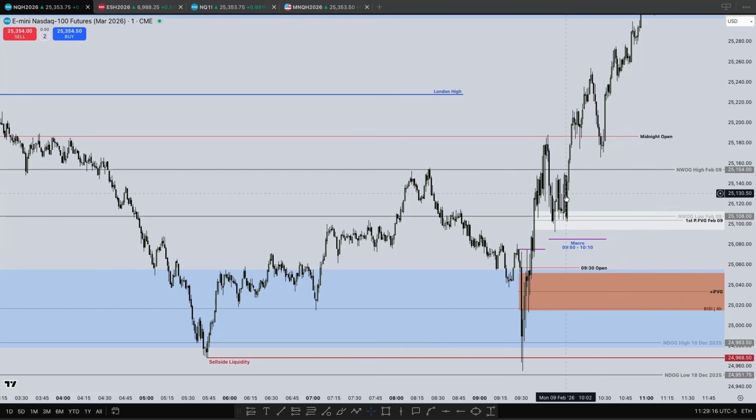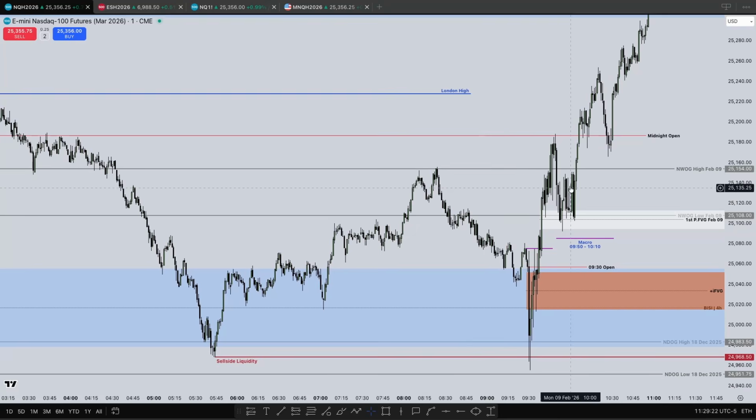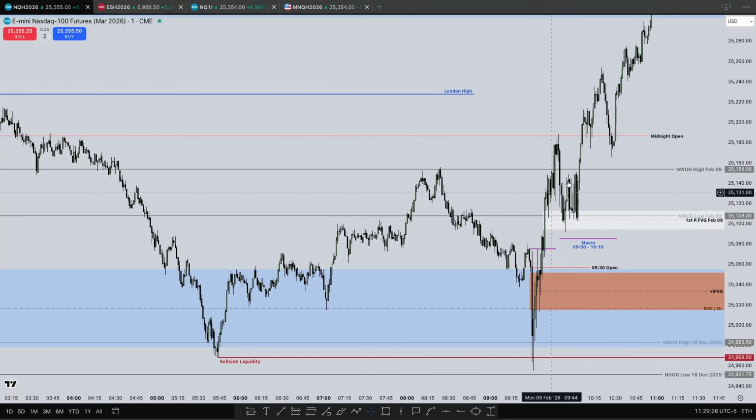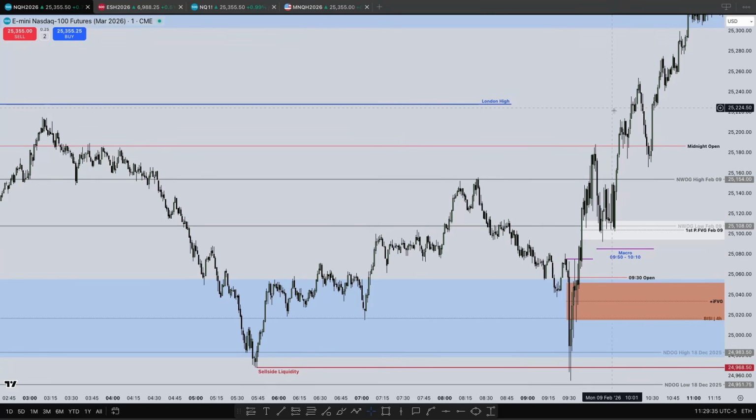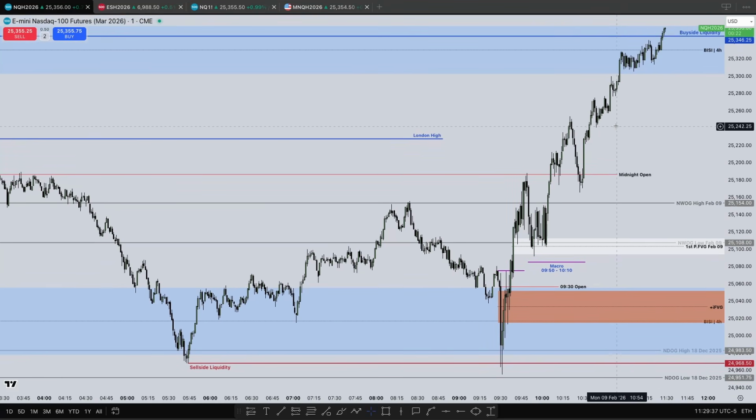Nice movement here. I know a lot of people try to place trades there, and I think this was mainly caused by this new week opening gap. Price was just failing to move away from it. So now at the macro, price moved away from it. Nice reaction, going higher, taking out the London high. That's why I took one contract off and left the remaining two.